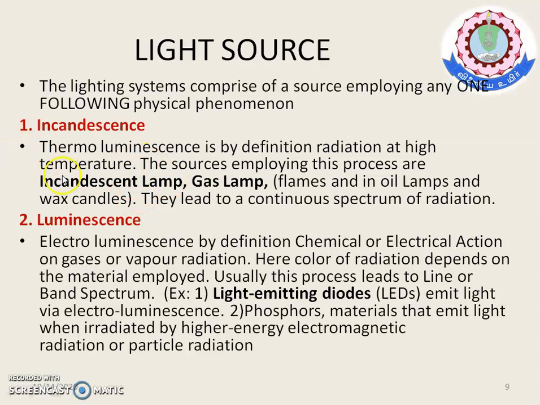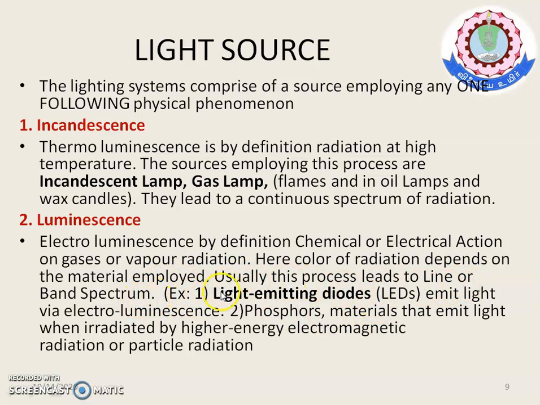The second thing is luminescence, that is electroluminescence. By definition, it is chemical or electrical action on gases or vapor producing radiation. Here the color of radiation depends on the material employed. Usually this process leads to a line or band spectrum.